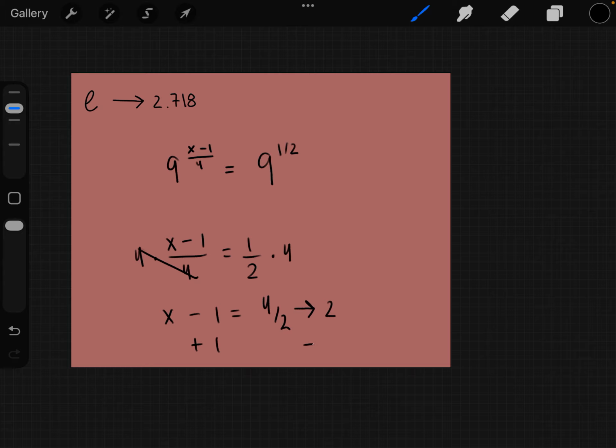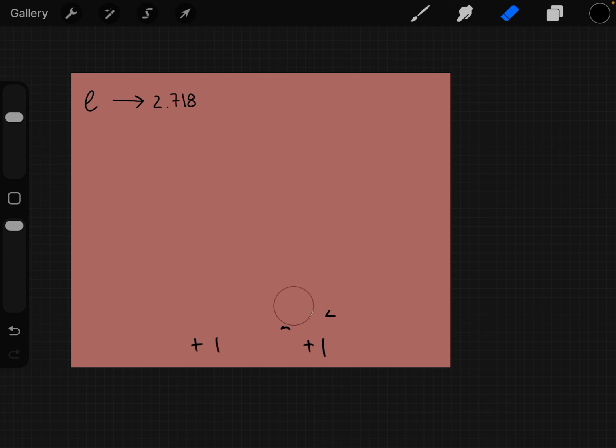Add 1. It's 3. Just little things they try to trick you with, like this next one too.